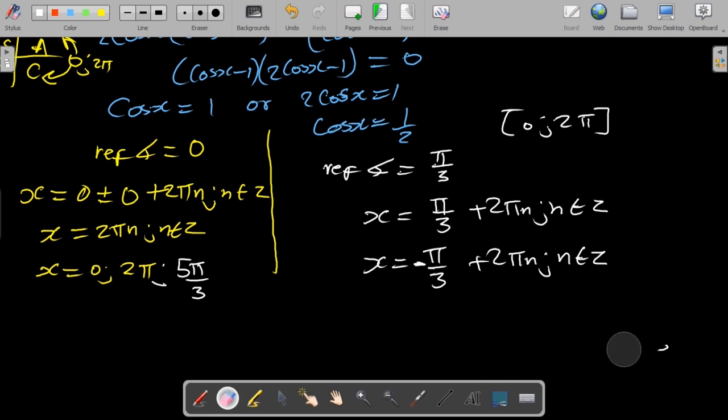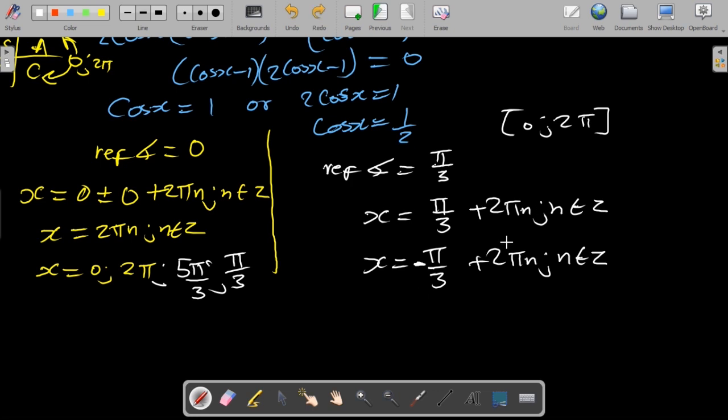Then if you substitute a 2, you definitely fall outside this region. Substitute a 1, we've already done that. Substitute a 0 is already out. Then here, if you substitute a 0, you're going to have pi over 3, which is within, so you can also give that as your answer. If you substitute a 1, it'll be outside because it's 2 pi plus.